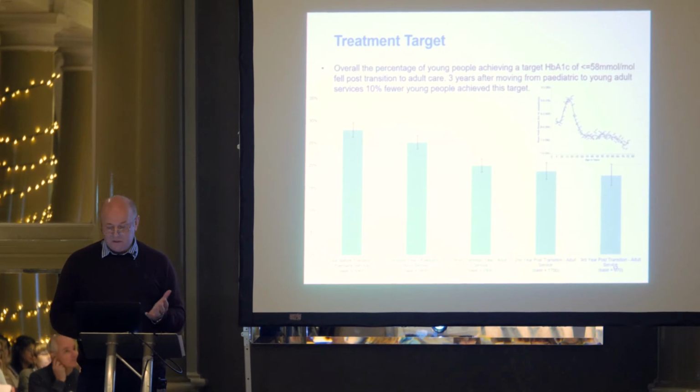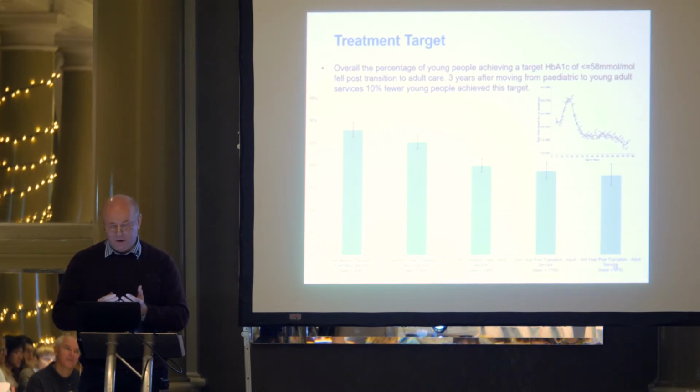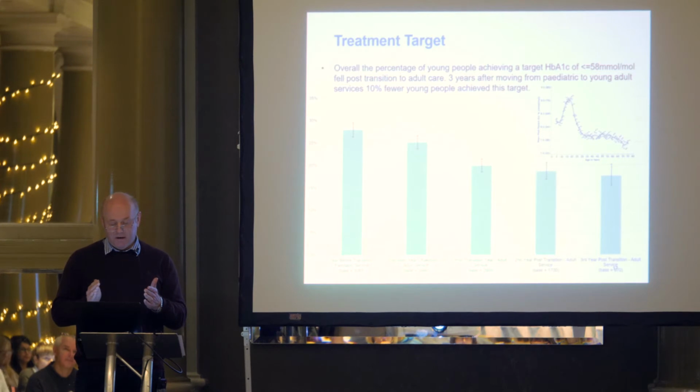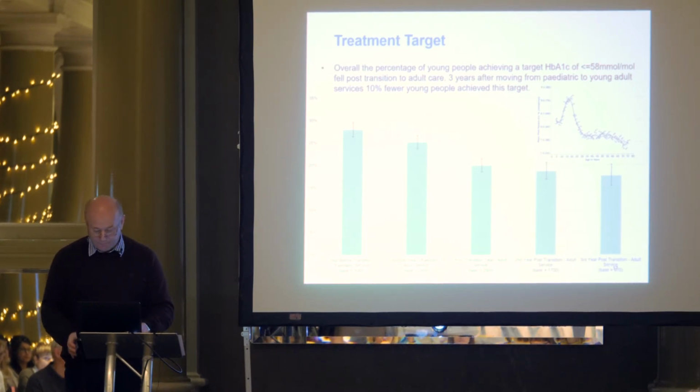So it fits with that graph that David showed, but in a way it's almost worse because he's actually beginning to show some improvement after that sort of 18, 19 age group, whereas ours seems to be getting a little bit worse.